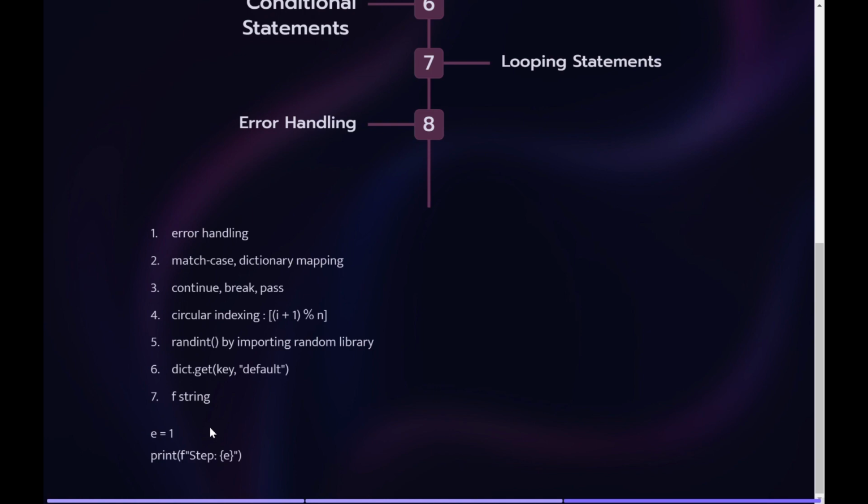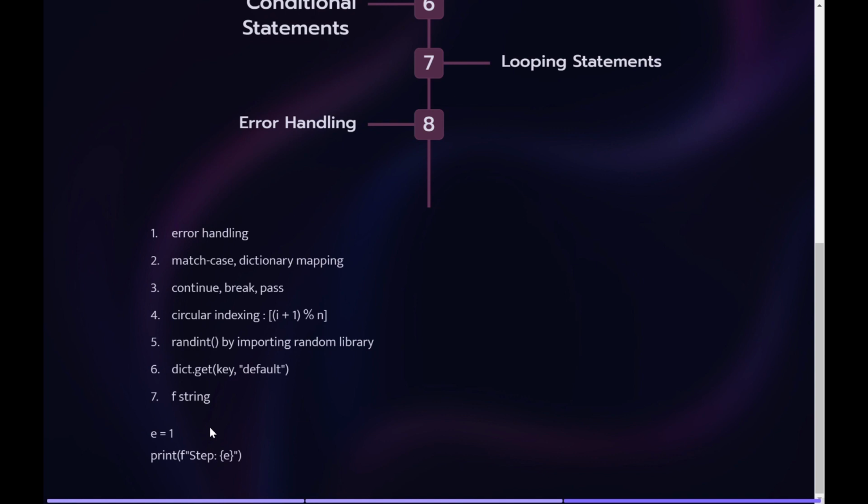And then we had something called circular indexing. In circular indexing, we just made sure that the index doesn't go out of range, say when you're allocating in a circular way. Say you want to get back to the start, or you want to get back to the end in a loop while you iterate through the index, you use circular indexing.